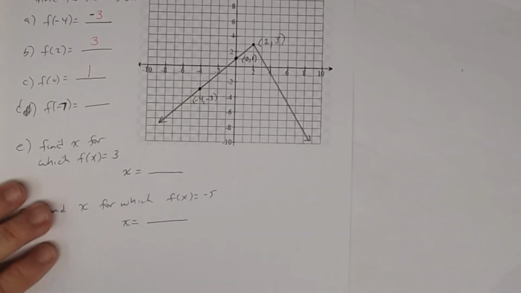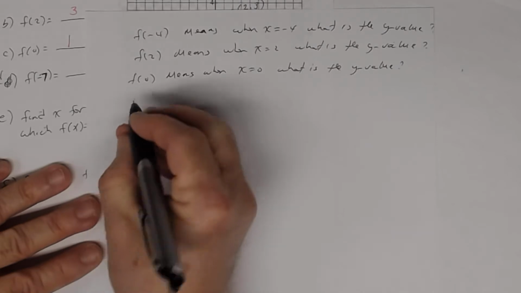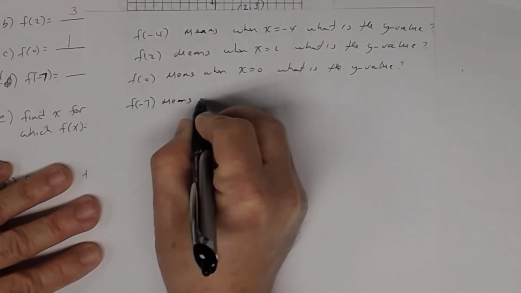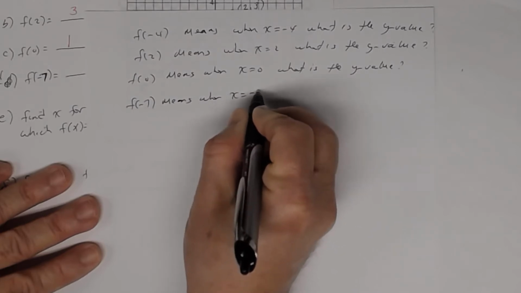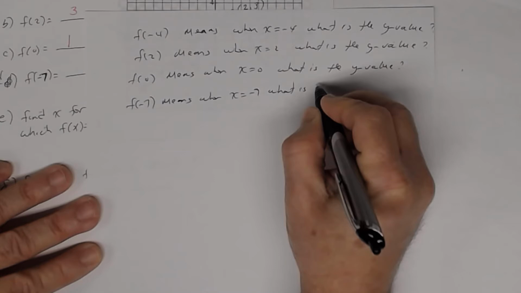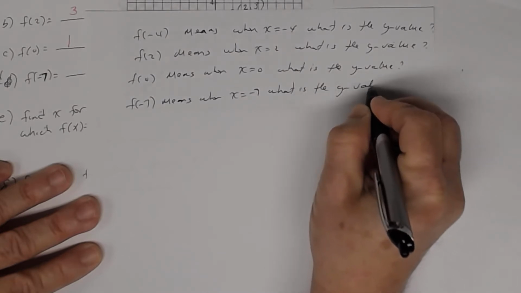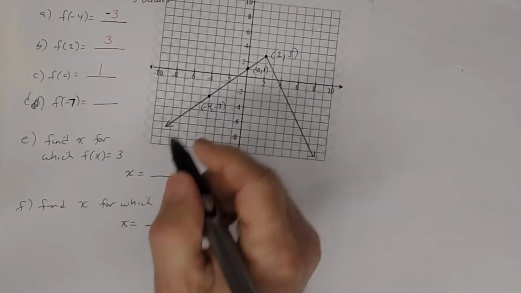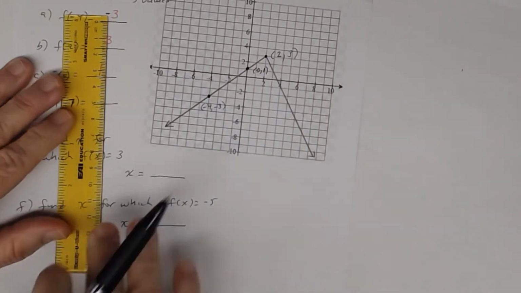And so f of negative 7 means when x equals negative 7, what is the y value? All right, so on the x-axis, let's locate negative 7. So here's negative 7 on the x-axis, right?